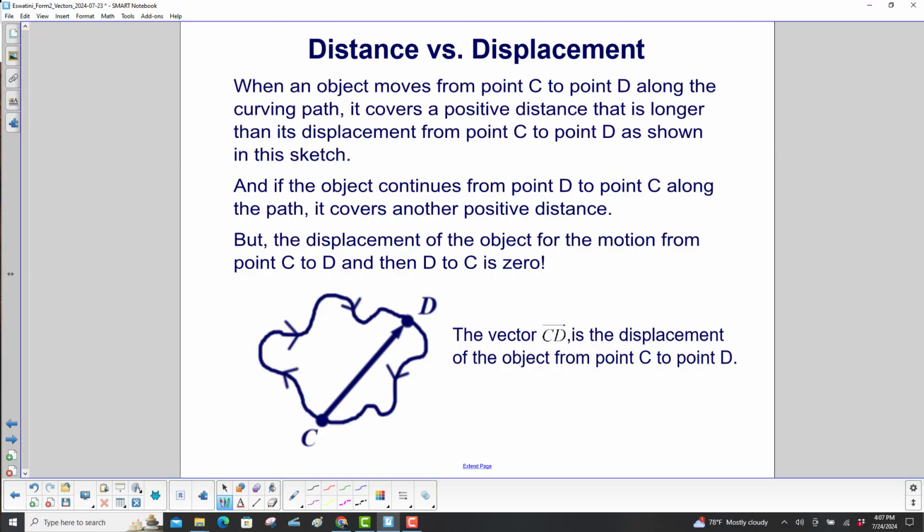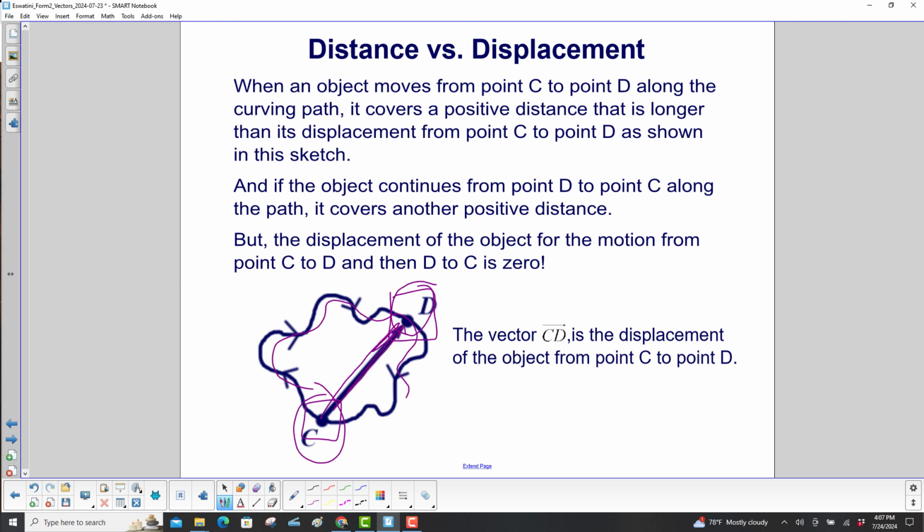When an object moves from point C to point D along the curving path, just follow the arrows there, it covers a positive distance that is longer than its displacement from point C to point D, as shown in the sketch. Your displacement is just the final position D minus position C, and that's represented by this vector here.